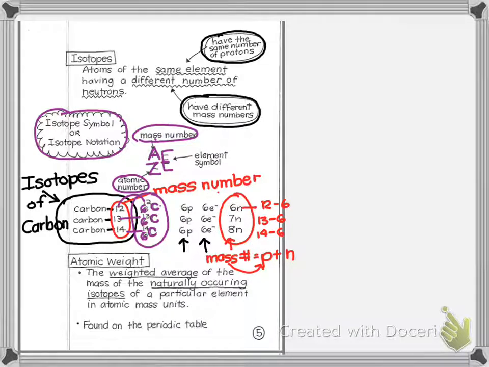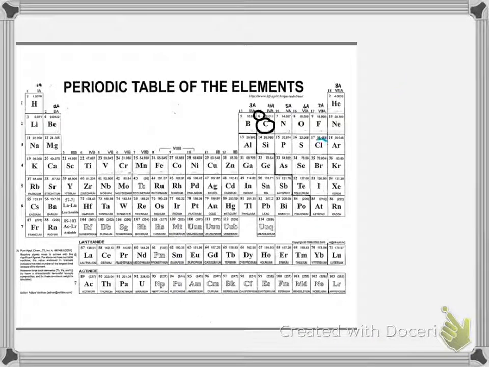Let me try another one because I've kind of written all over this page trying to help you understand. Let's say I have chlorine-35 and chlorine-37. I can get my periodic table, turn over, and here's chlorine. It's Cl, and its atomic number is 17.